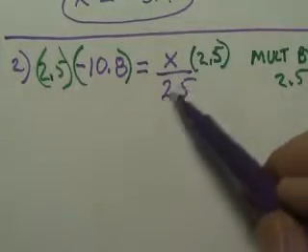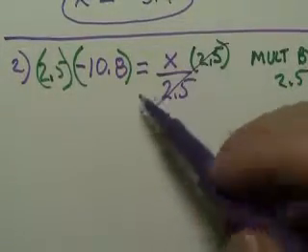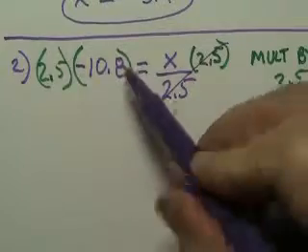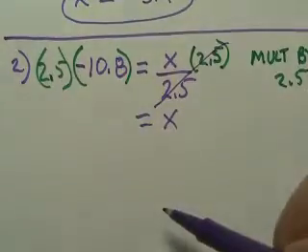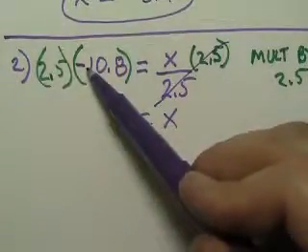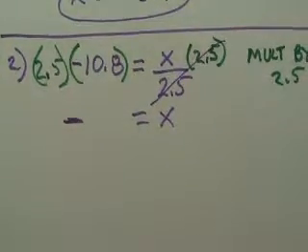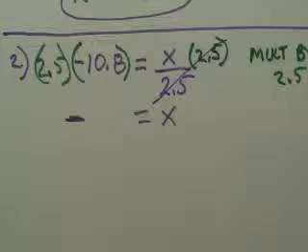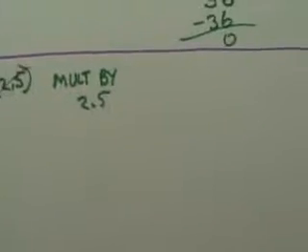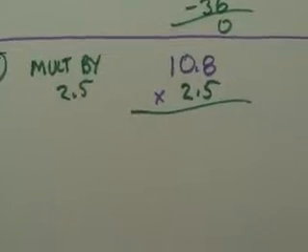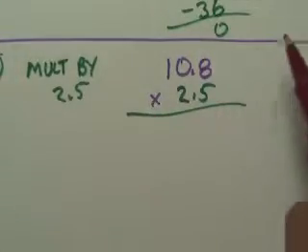So this cancels out to 1. 1 times x is just x. I have to multiply these two and then I'll have my answer. I know my answer is negative because there's one negative. So I'm going to go ahead and set that up to the right. And there we have it, 10.8 times 2.5.